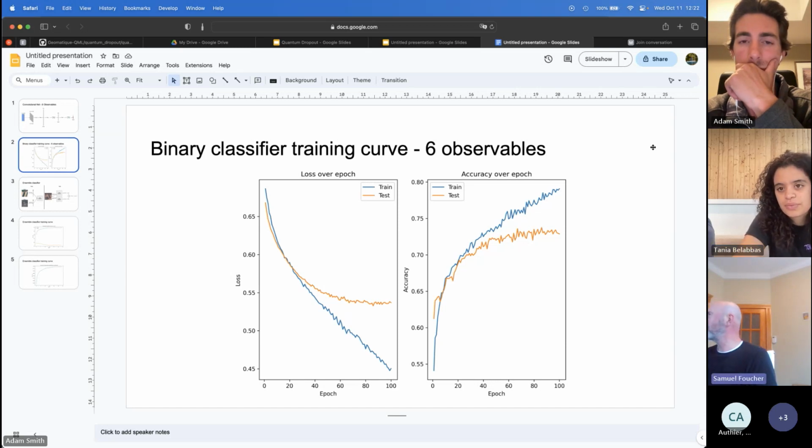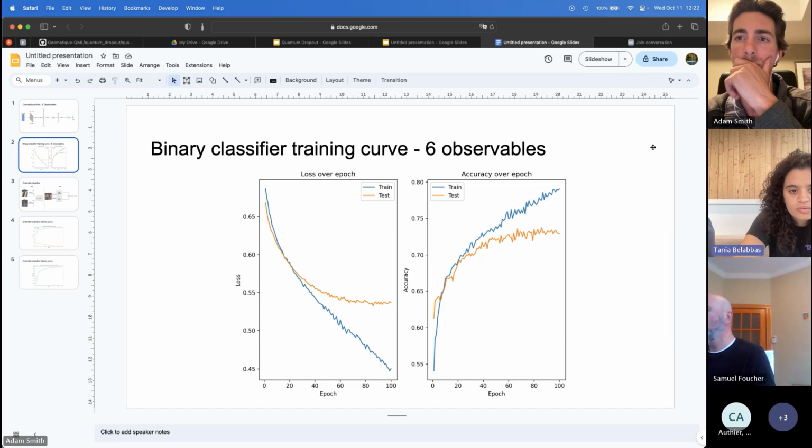Yeah, you're right. Thanks, I forgot about it, sorry. That's this one. You can put the data re-uploading one too. It's another way to put in data. So this one is in Nature.